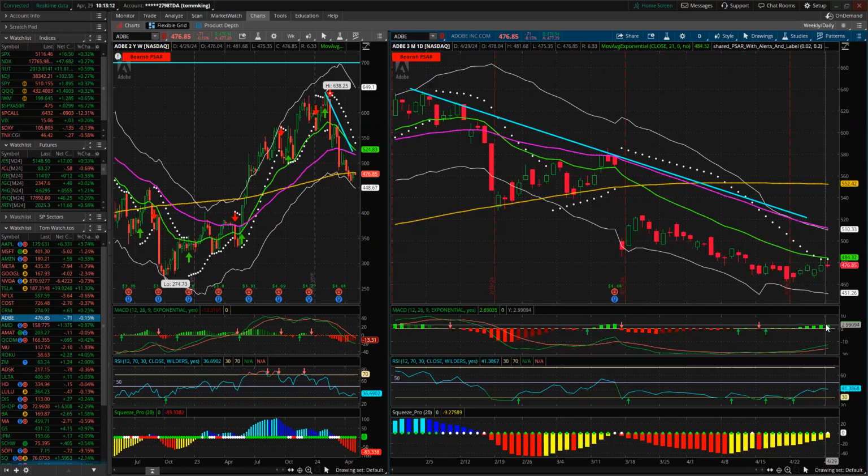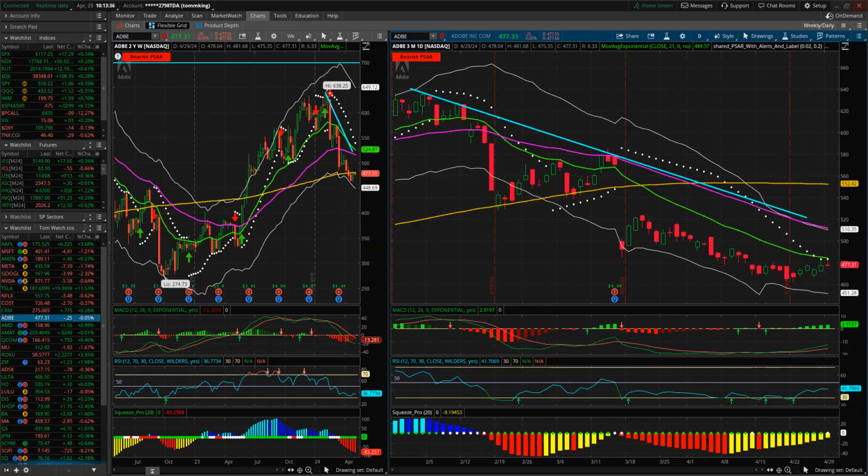You've got MACD heading higher. You've got RSI heading higher. The squeeze, okay, it's not in a squeeze, but the squeeze momentum is heading higher. Now you've got the first squeeze dot here. White is an extremely tight squeeze versus the red, which is a standard squeeze here. So I like where we are on Adobe.